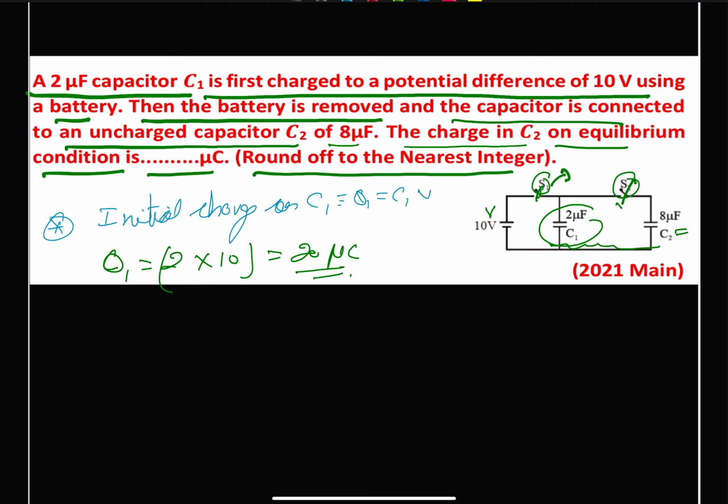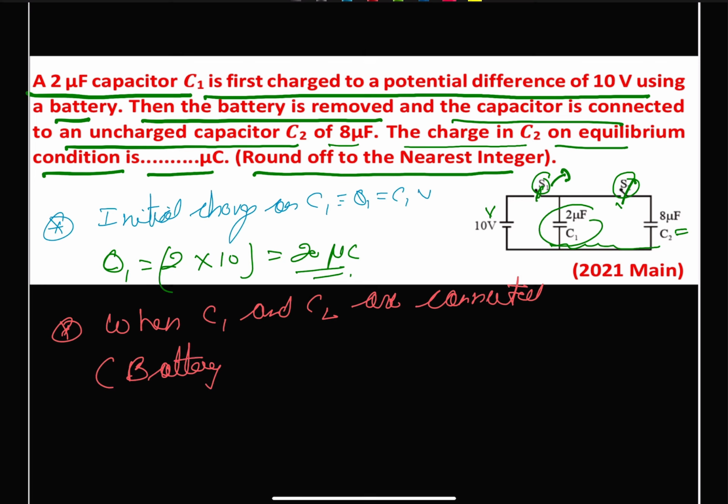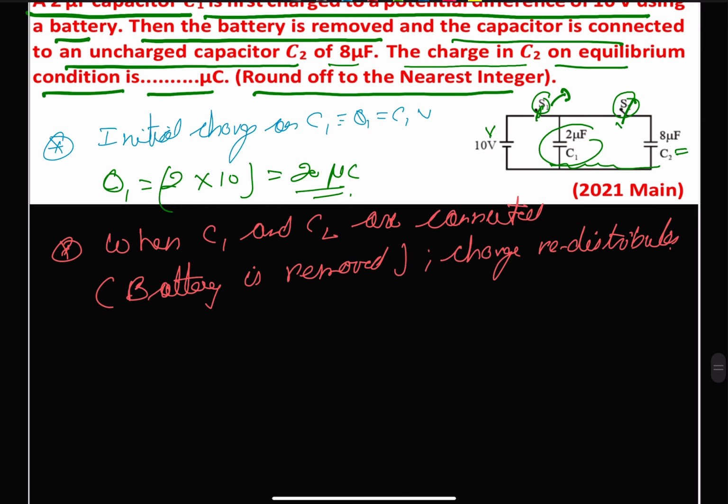So you can say when C1 and C2 are connected, battery is removed, therefore we can say charge redistributes. And we can also say that the total charge is conserved.